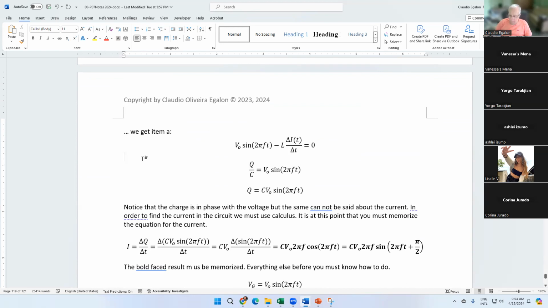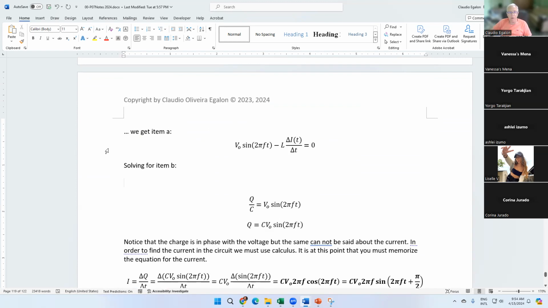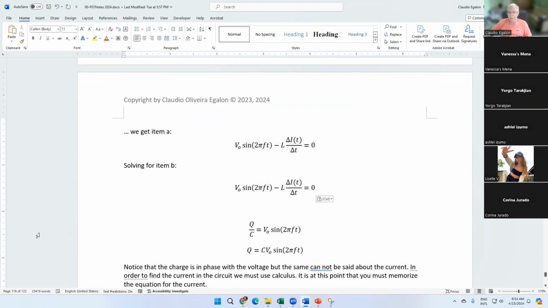Okay. Solving for item B, we have the following. We start with this one here. V naught goes to the left side, L goes to the right side, sorry. And we must also have a negative sign here. That's what delta I over delta T is all about.